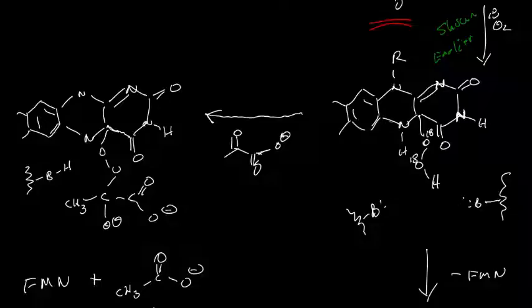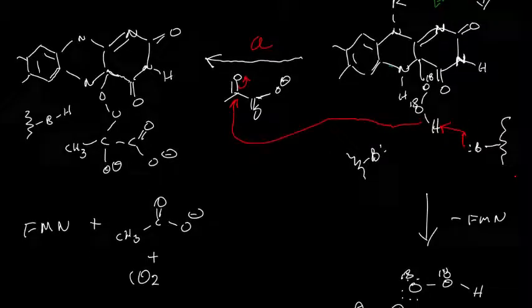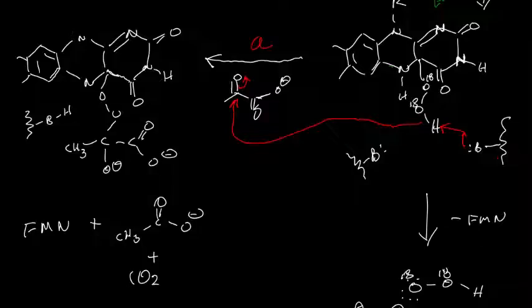One pathway, we'll call pathway A, is where an enzyme acting like a base deprotonates our flavin peroxide intermediate. That generates an anionic oxygen here.